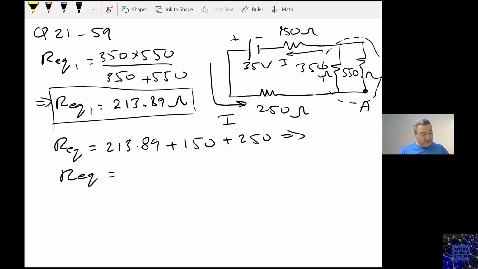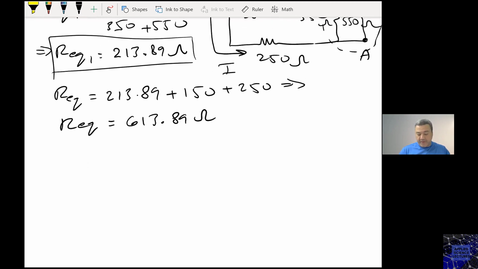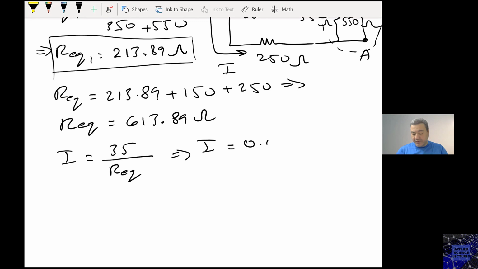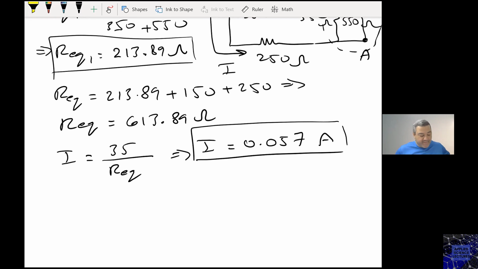R equivalent is 613.89 ohms. Now the total current, after I found the R equivalent resistance, is 35 divided by R equivalent, and then the current is 0.057 ampere. This is the current that goes through the 150 ohm resistor. This is A.